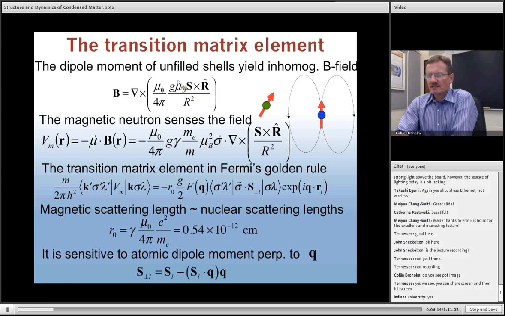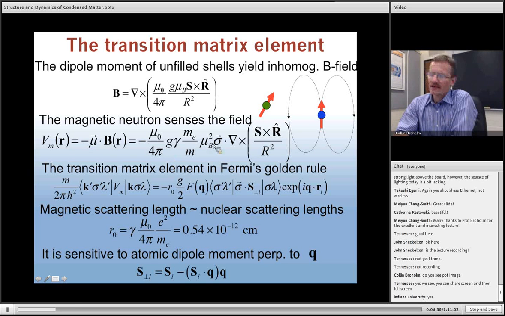The first step is then that I write down the interaction potential, which, as we said, was minus the dipole moment of the neutron dotted with the B field generated by that electron. And I just simply put in the various prefactors that come out in front. You'll notice that there's a Bohr magneton squared that shows up.